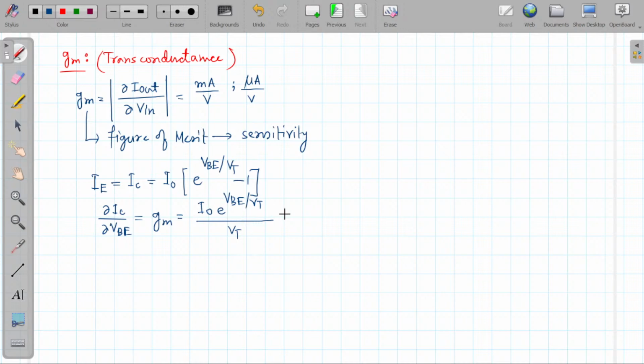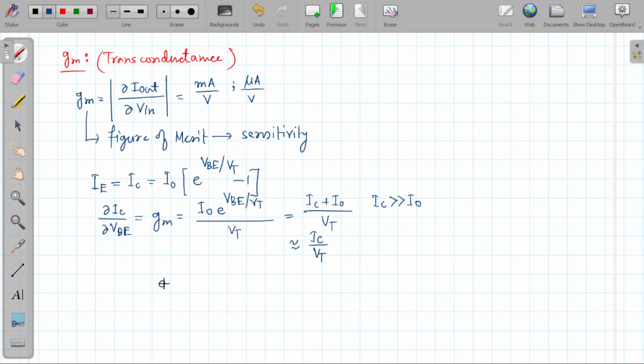Now from this we can write it as IC plus I0 divided by VT. We also know that the IC value is very much greater than I0, because IC will be in milliamperes and I0 will be in microamperes. So we can neglect the value of I0 with respect to IC, so it will be approximately equal to IC divided by VT. So the GM value comes to IC divided by VT.